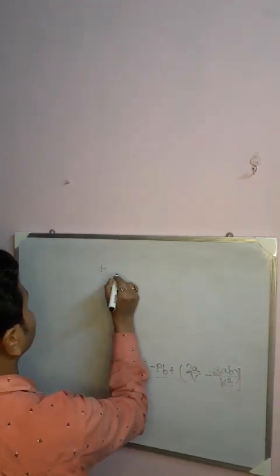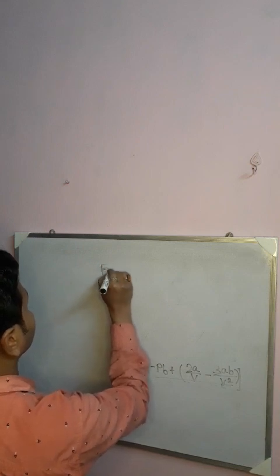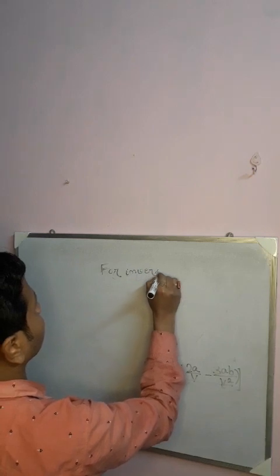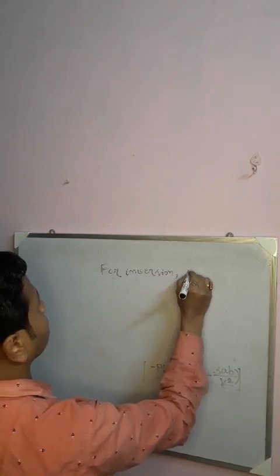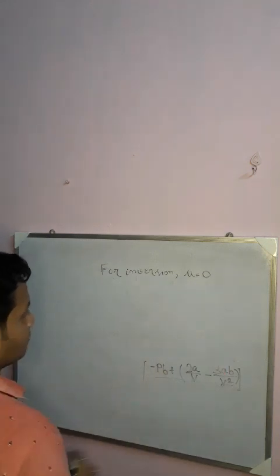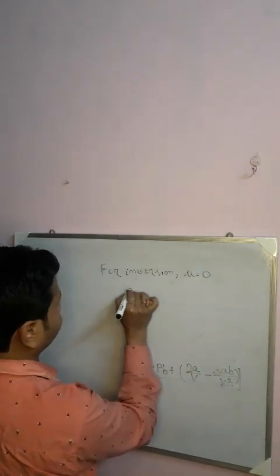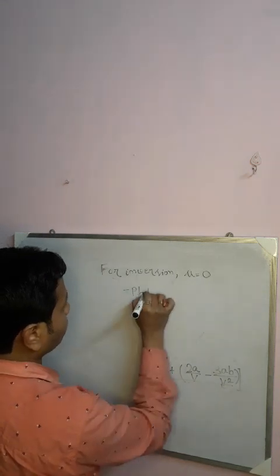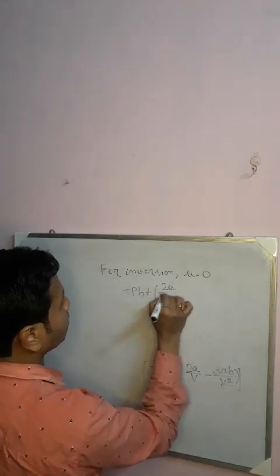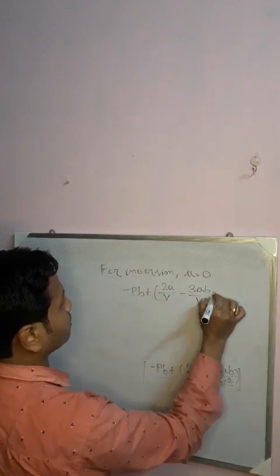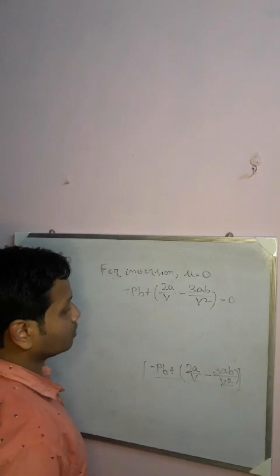So for inversion, mu is 0, that means minus Pb plus 2a by V minus 3ab by V square is 0.